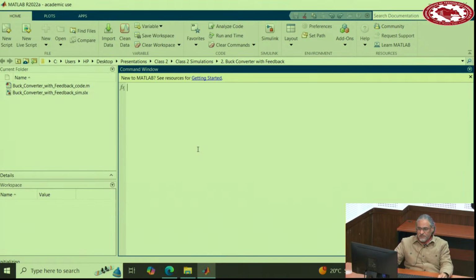Open that. Oh, I think it's opening. No, sir, it's opening. You can click on this one. It takes some time. Because it doesn't show the prompt, it means it's working on it.